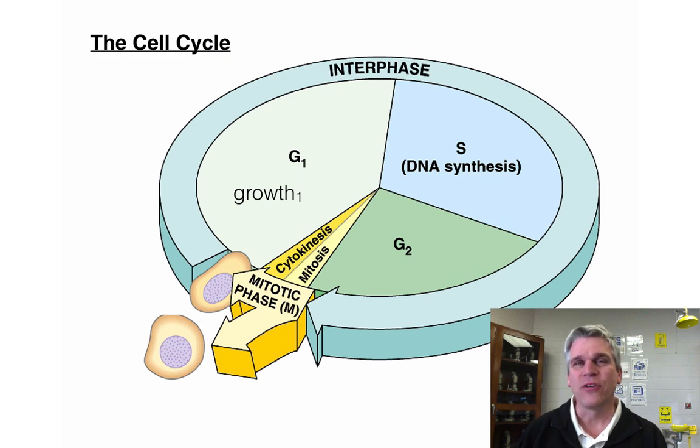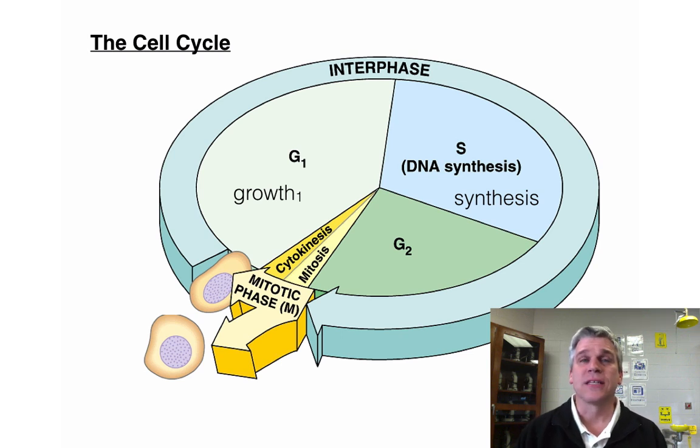Except for a handful of cells, like for instance brain cells, they'll just spend their whole life in the G1 phase. But at some point, as these cells are beginning to grow, they're going to be starting to get a little too big, and they're going to have to go through cell division, at which point they'll go into the S phase. S stands for synthesis, and in particular, we're talking about DNA synthesis.